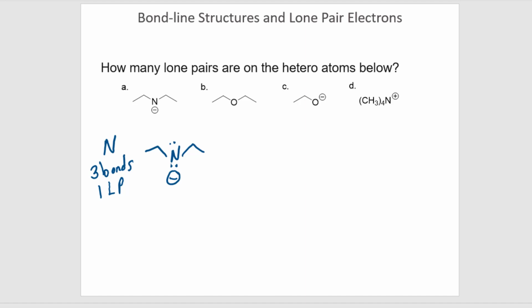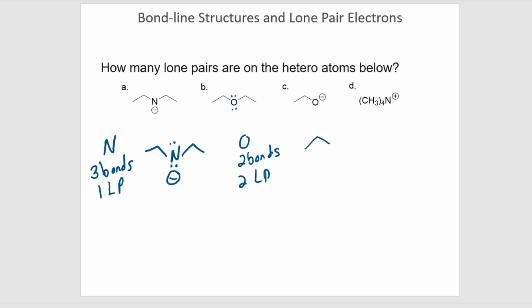If you look at B, it has an oxygen and it's neutral. So it should be oxygen in its normal bond trend, which is 2 bonds and 2 lone pairs. I see 2 bonds already, so that means it's just normal. It just has its 2 lone pairs, so we're all set for that one. In contrast, look at C. C has an oxygen with a negative charge.